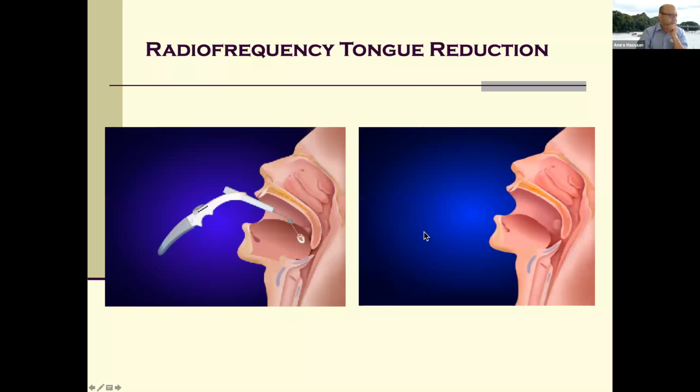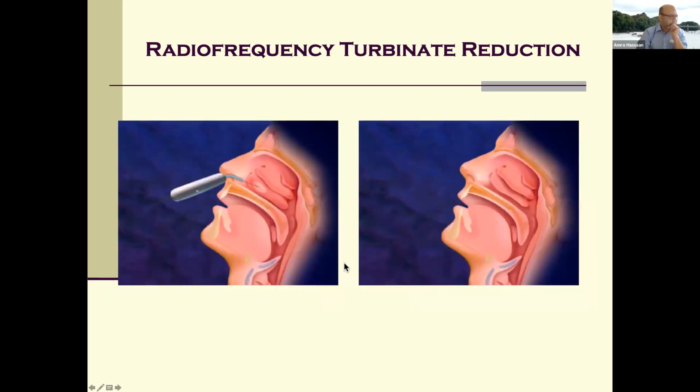It can be done on the tongue base, and as you can see, this tongue base is pushing on the epiglottis and partly obstructing the pharyngeal airway. Here, after application, of course these are all idealistic, the tongue goes forward, again giving you a better airway. And here it is in the inferior turbinates, which were quite bulky, and again they've shrunk down to give you more space.